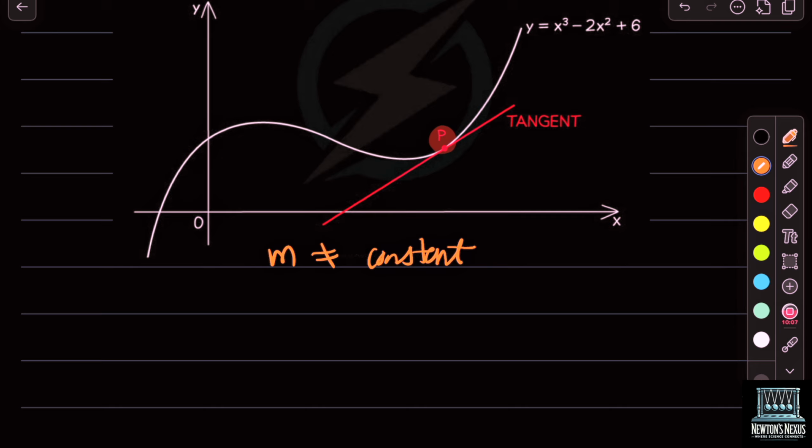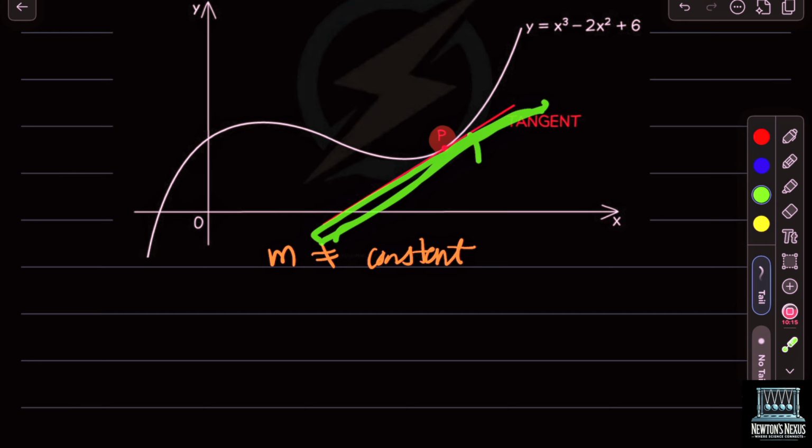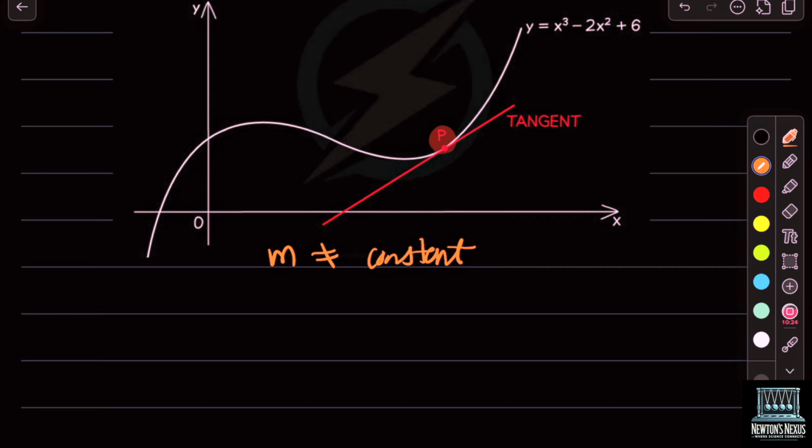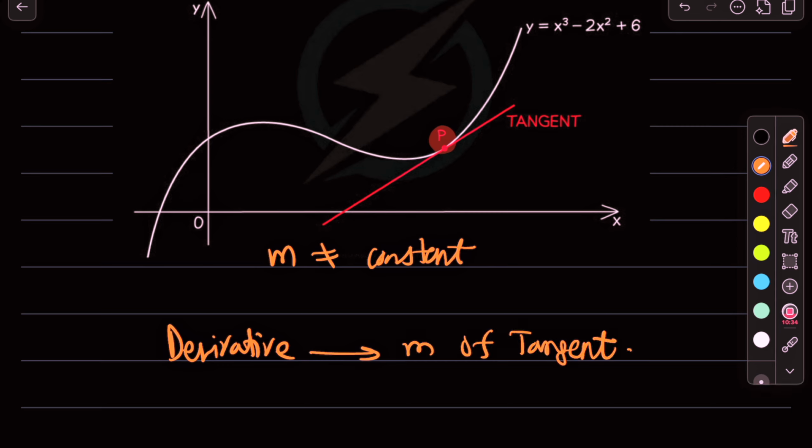You have already studied this in your general maths. So we always draw a tangent at that specific point, and then we can calculate the gradient of that point, or the derivative of that point, and that will be our final gradient at that specific point. So derivative is basically the gradient of the tangent, and that's it.